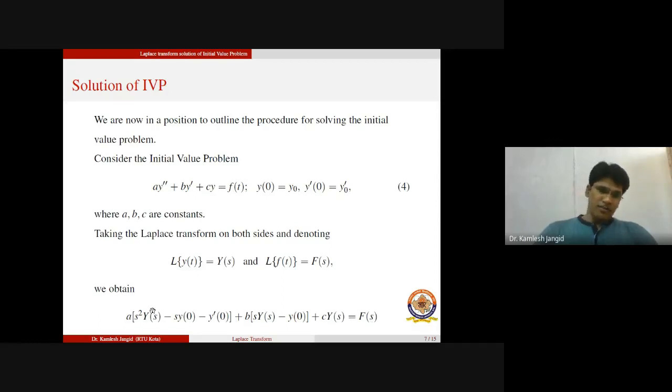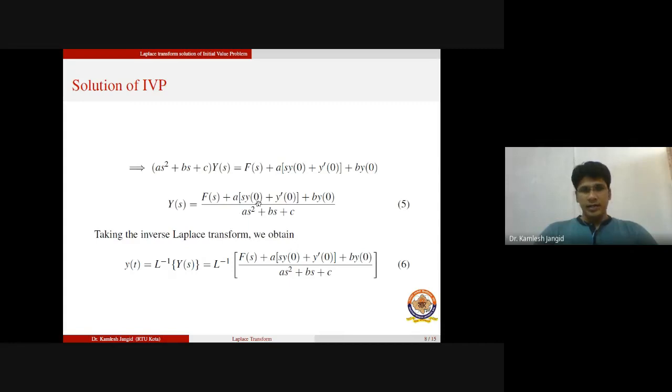Now, if we simplify this relation by using these two initial conditions for capital Y, then we get this one. Capital Y equals F(s) plus (a times s multiplied by y at 0, plus a times y prime at 0, plus b times y at 0), divided by a s square plus b s plus c.